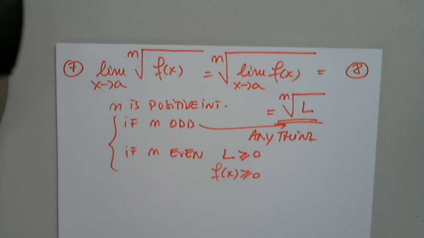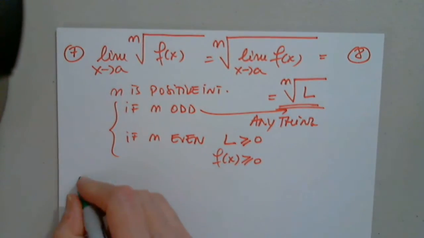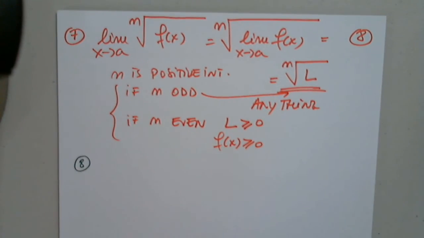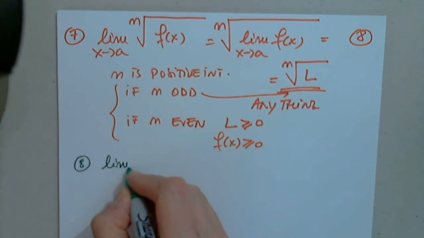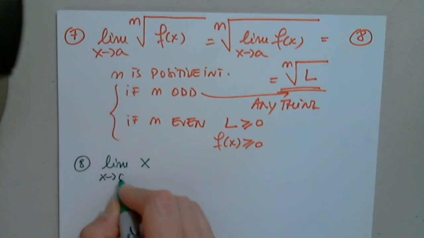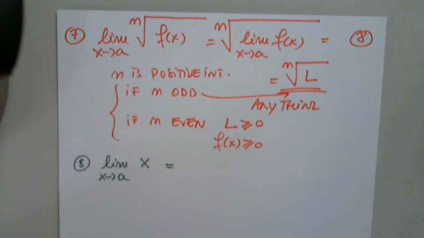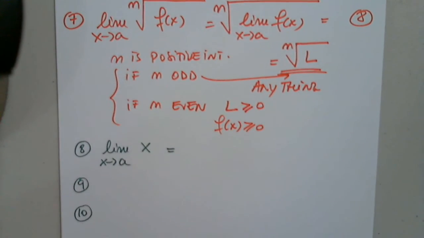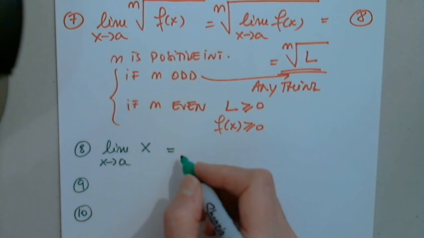Okay, number 8, which I really don't like to put as a law, but anyway. Limit of x as x approaches a from either side. So 8, 9, and 10 are really common sense. What do you think this is?